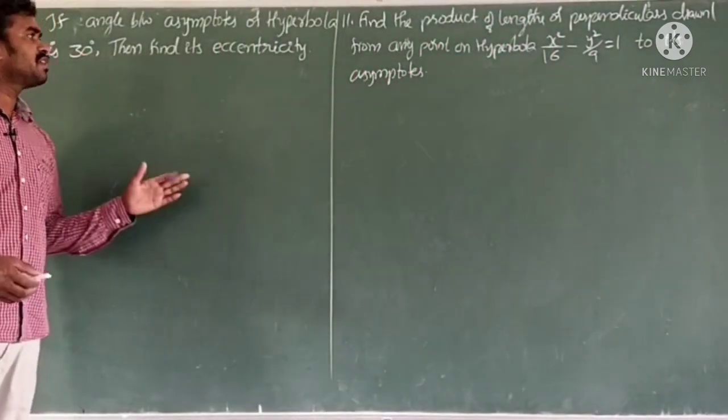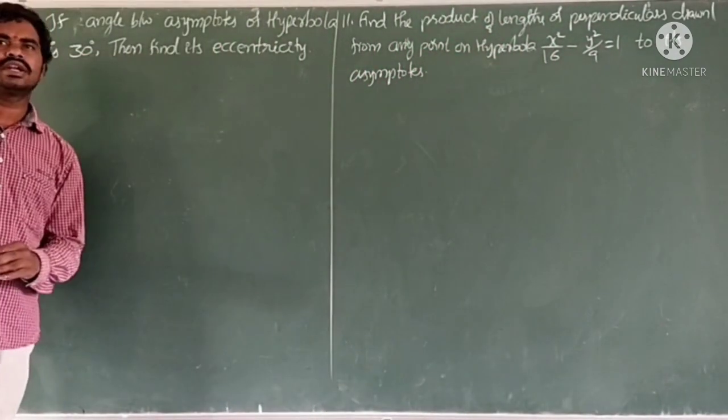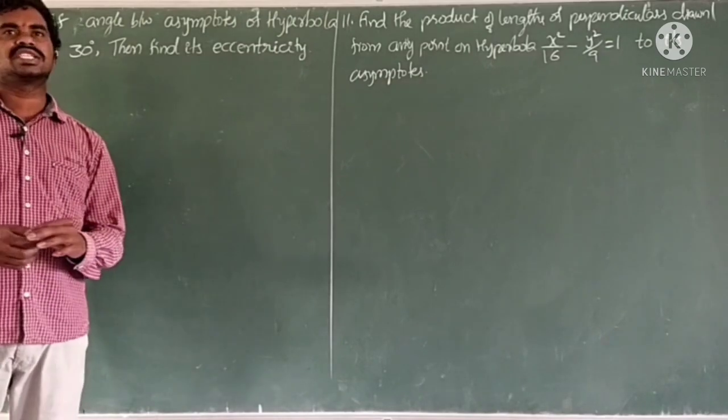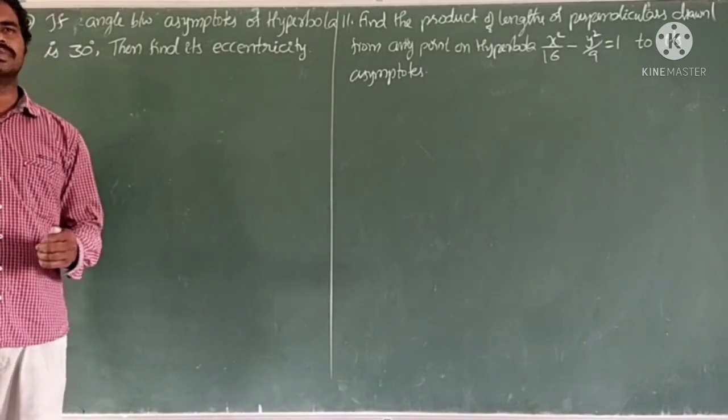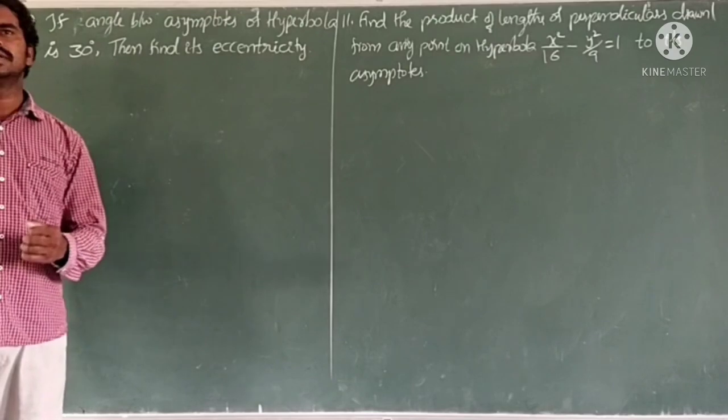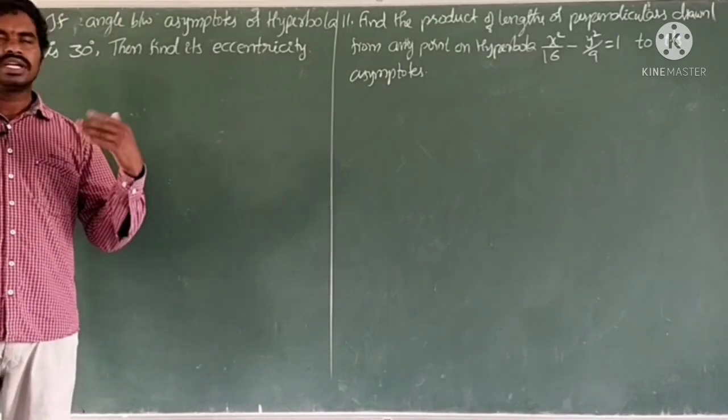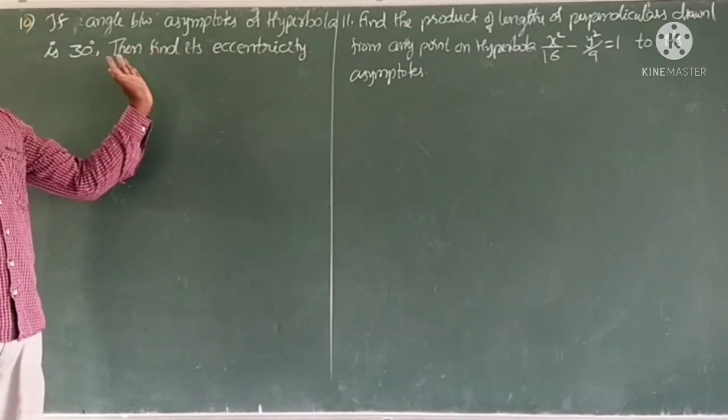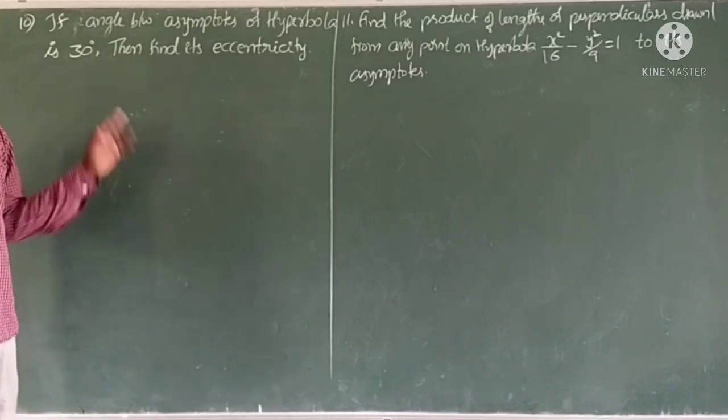Okay. So in the previous 9th problem we have seen the angle between two asymptotes is, one, 2 tan inverse b by a, and the second one, 2 sec inverse e. In the second one we can relate the angle formula, eccentricity and angle.